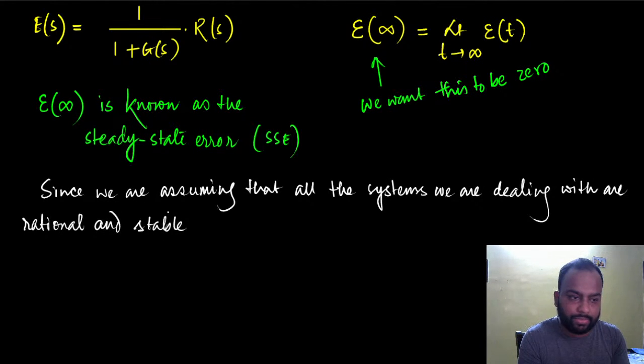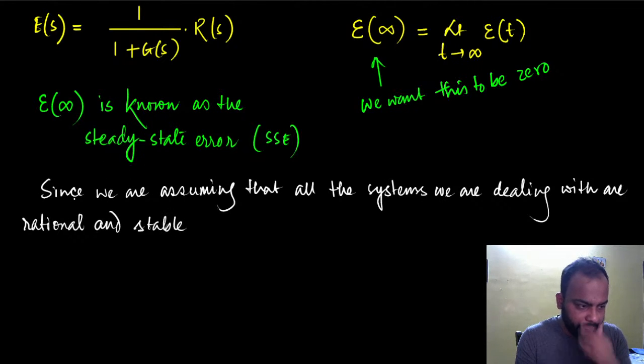Then we call that system a rational system. If the order of the numerator's polynomial is higher than the denominator's polynomial, then we call that an irrational system, not a rational system rather. For those, the final value theorem won't be strictly applicable. And if the system is unstable, then the final value theorem is not applicable at all.